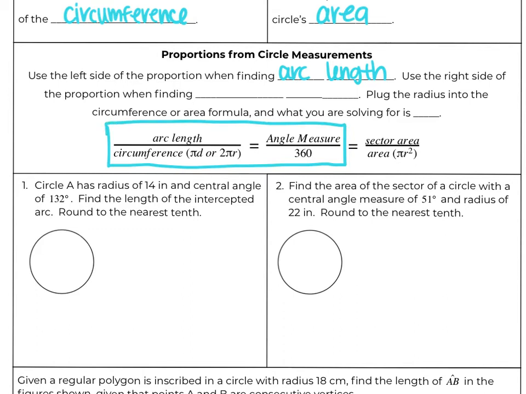And then you're going to use the right side, meaning the middle and the right, when finding sector area. You plug the radius in, so the problem will give you the radius, into either the circumference formula here or the area formula here. And whatever you're solving for, either the arc length or the sector area, that will be your x.